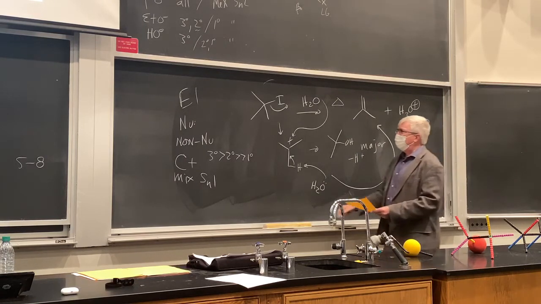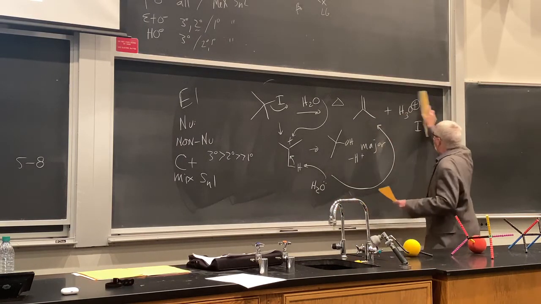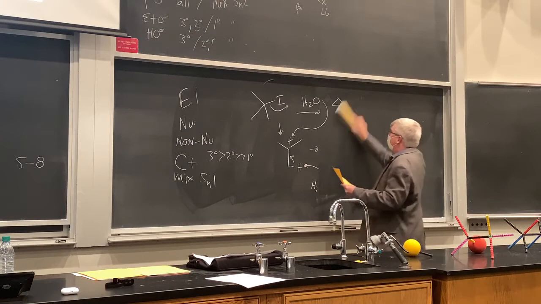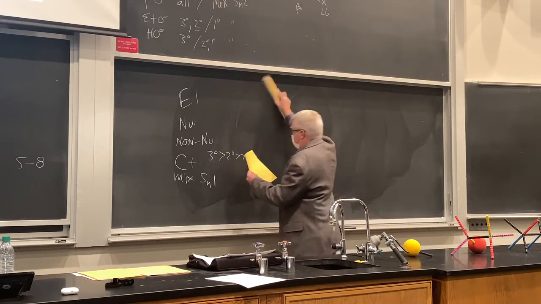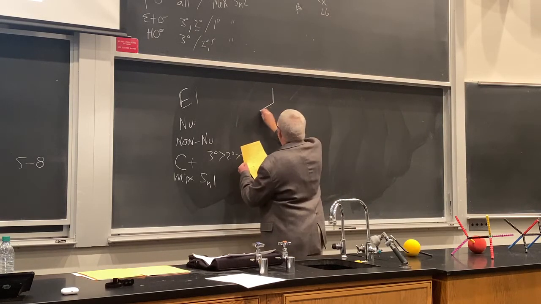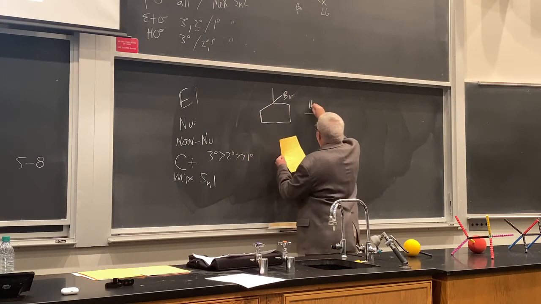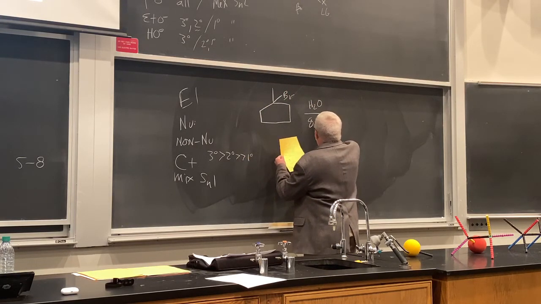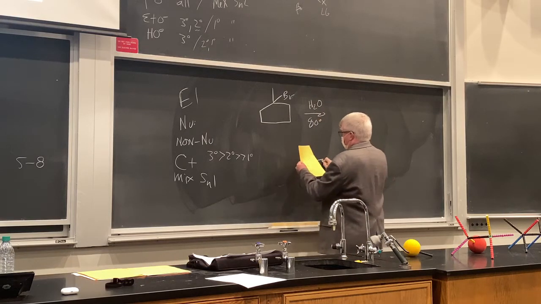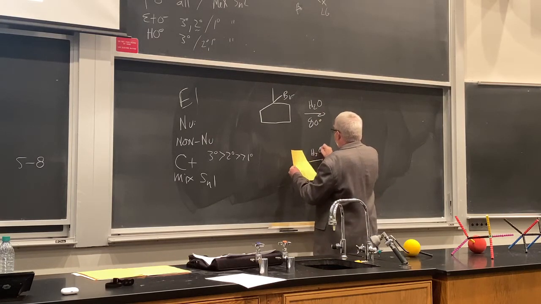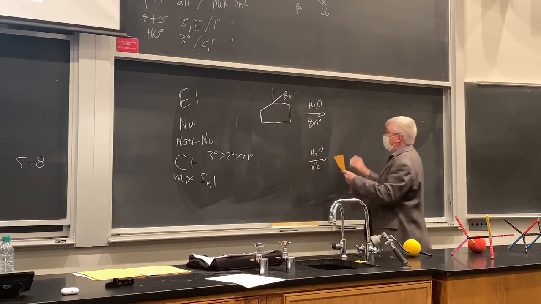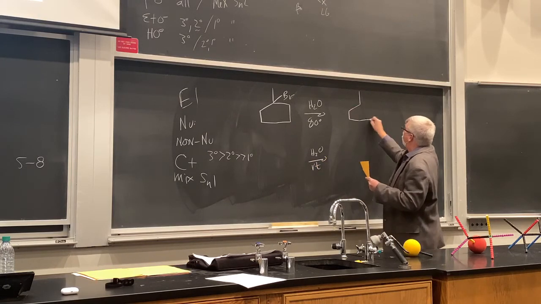In fact, let me give you some data here. I've got the numbers on a couple of these reactions. So how about this one? Water at 80 degrees and water at room temperature. So yeah, I've got the actual yields here.